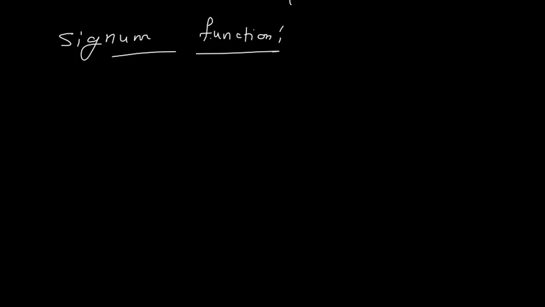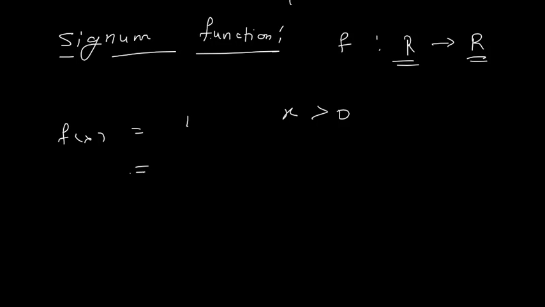Okay, there is a big question in your mind: where are we going to use all these things? Majorly, these are used in engineering. My signum function is also defined from the set of real numbers to the set of real numbers in such a way that the value of f(x) is going to be 1 if x is greater than 0, it is going to be 0 if the value of x is 0, and it is going to be minus 1 if x is less than 0.